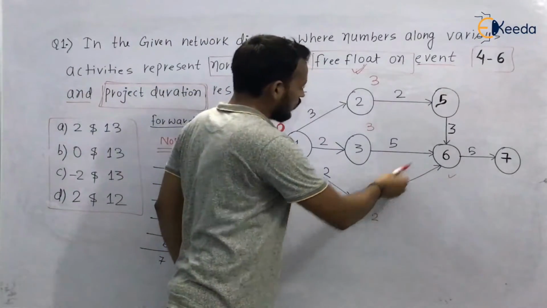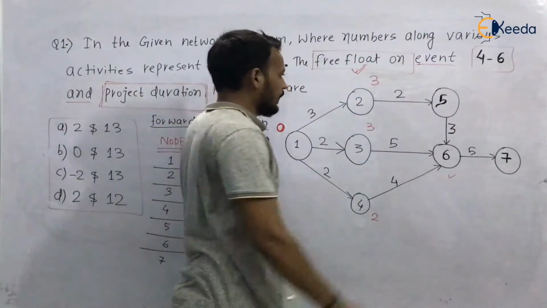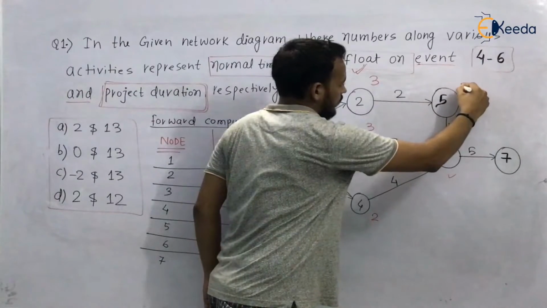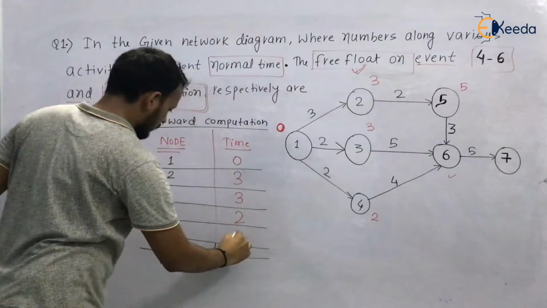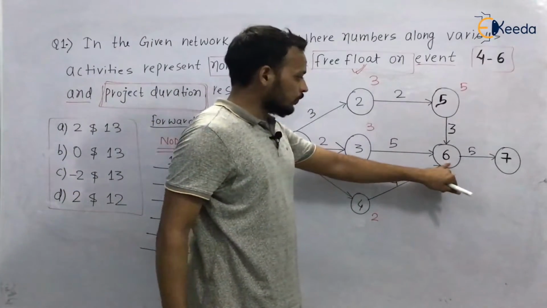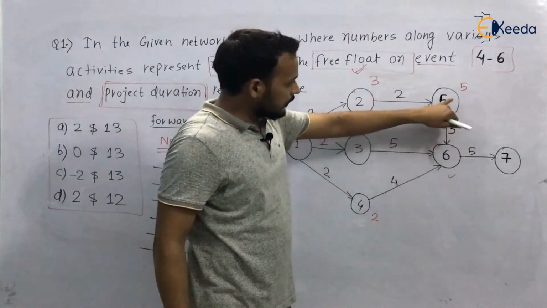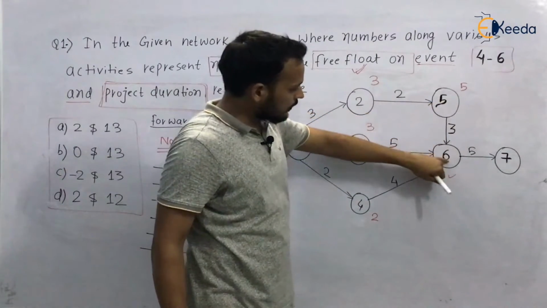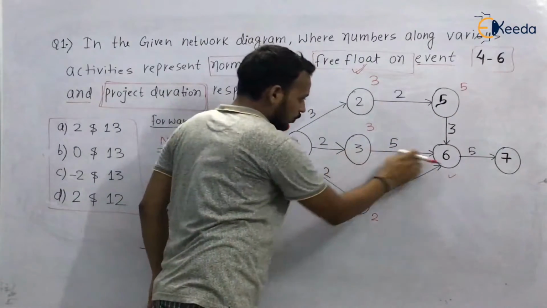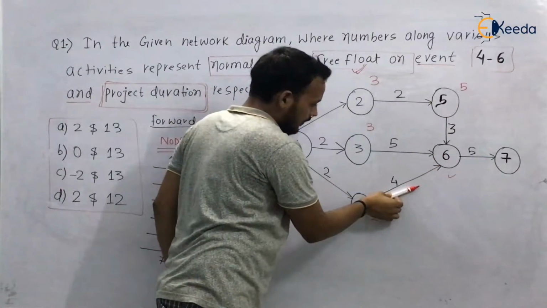Now we will go to node 5. So 3 plus 2, it will be 5. Now we will go to node 6. We can reach it either from 5 to 6 via this activity, or from 3 to 6 via this activity, or from 4 to 6 via this activity.